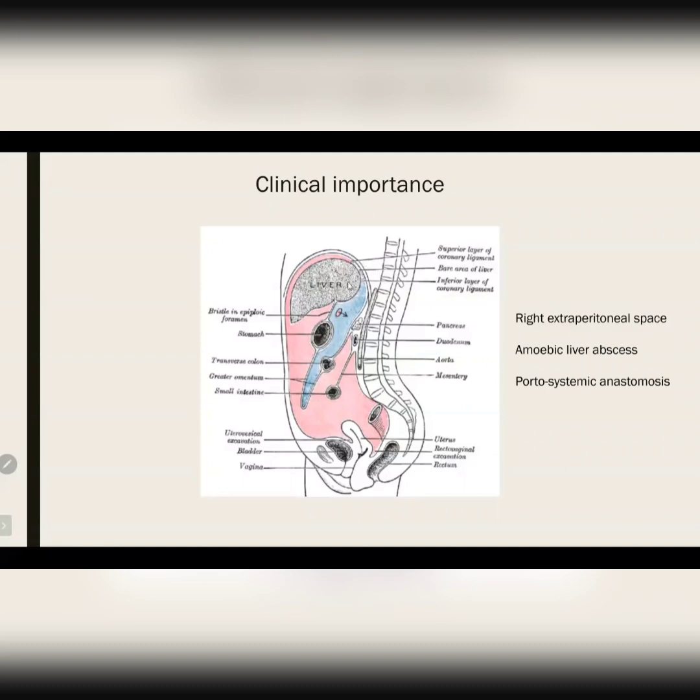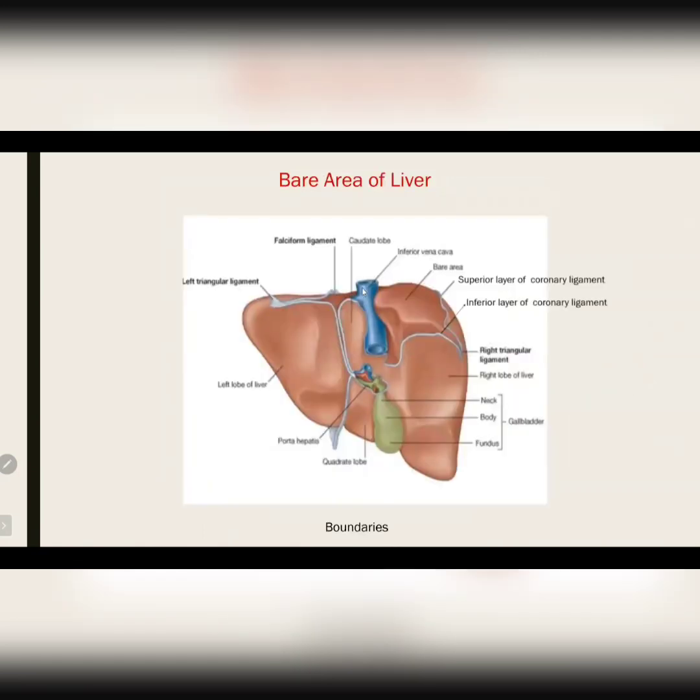And bare area is also a place where there is communication between the portal vein and the systemic circulation. That's the area for portosystemic anastomosis. You saw the position of inferior vena cava at the base of the bare area.